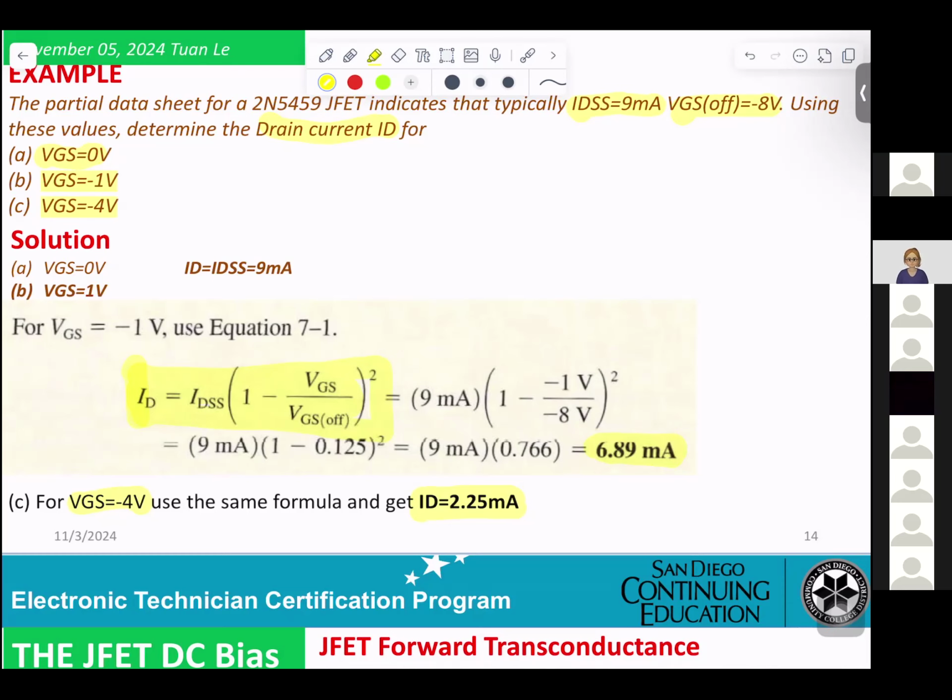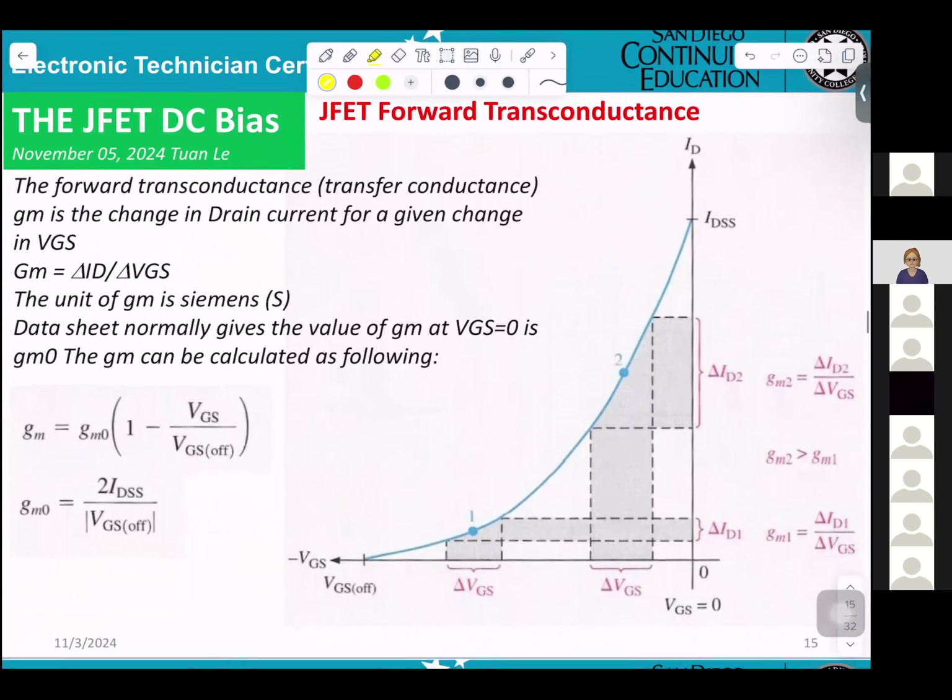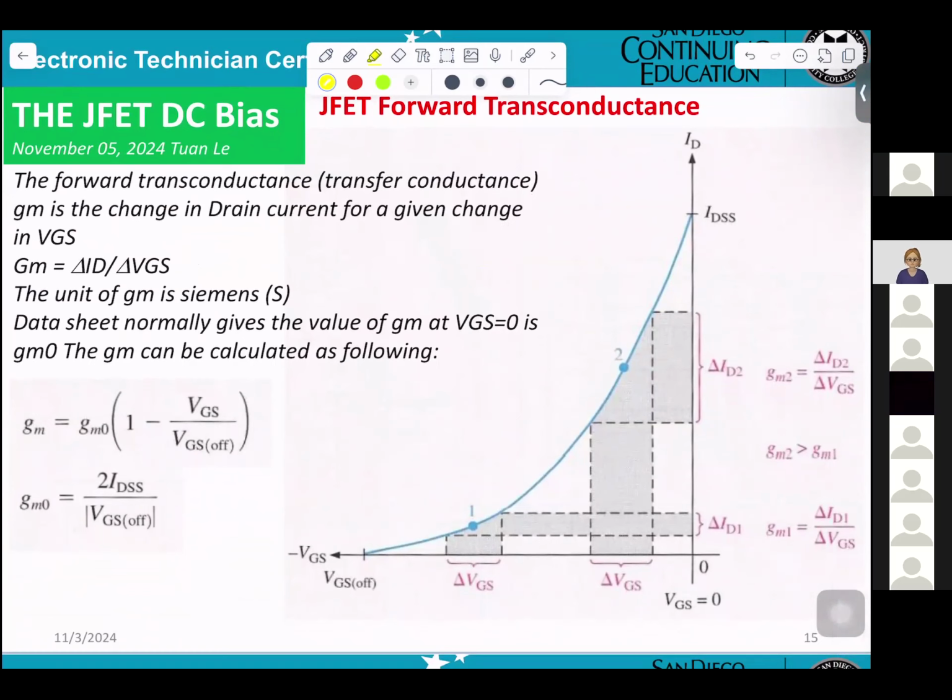Any question up to this point? Okay, if we can see if you understand it, follow it, that means really good to me. Okay, now in here, they say the forward transfer conductance, GM, is the change in the drain current for a given change in VGS.